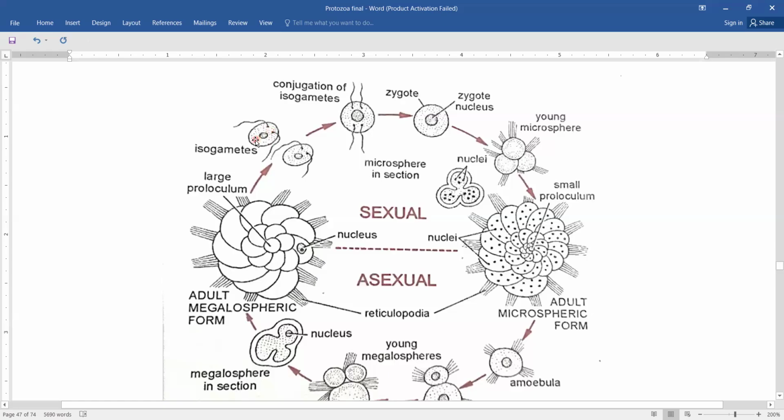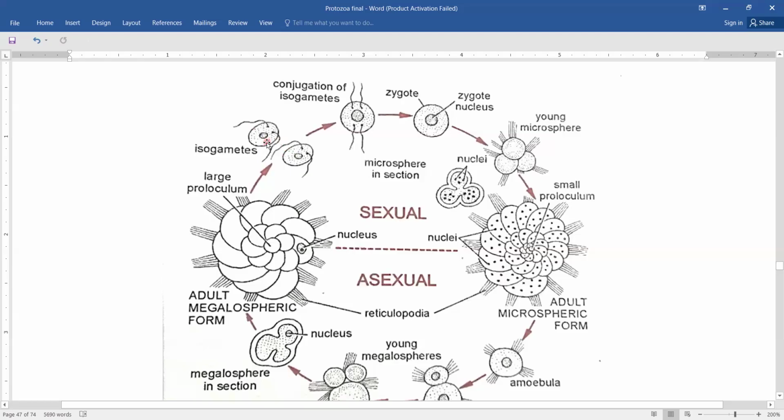Biflagellate isogametes are produced from adult megalospheric forms, two different animals. This one is produced from one animal, this one is produced from another animal, not from this. They are just like male and female gametes, but they are similar in structure and shape.